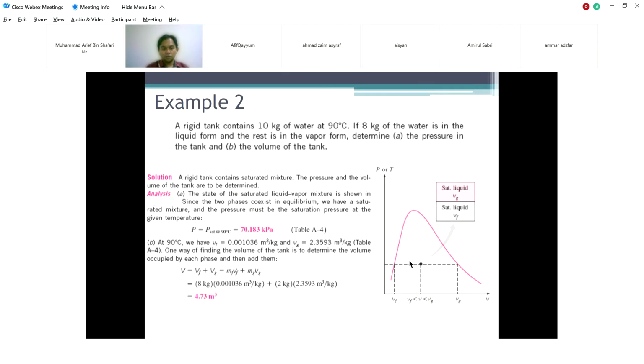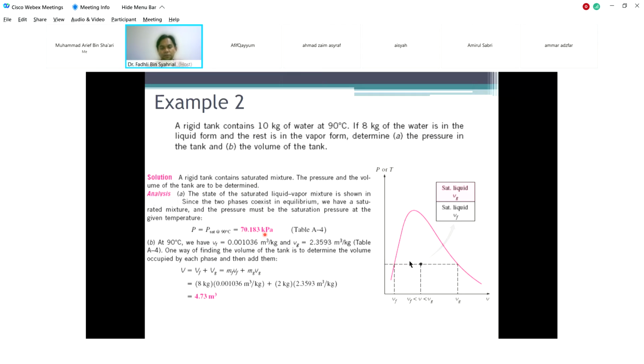So you can write as written here, P, the pressure inside the tank, is equal to P sat. They are on the same level. So P sat at 90 degrees C is equal to 70.183 kilopascal. So this is the first answer, as simple as that.